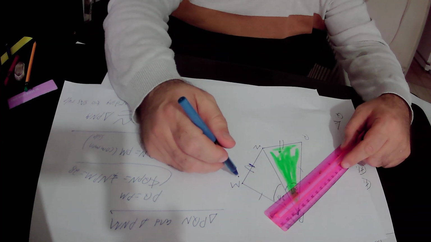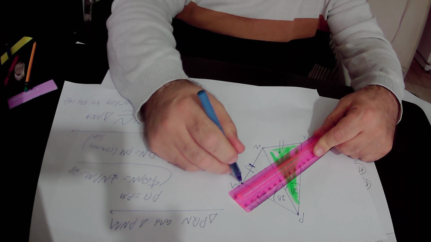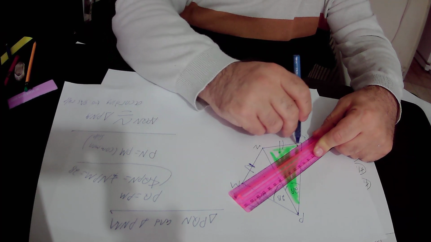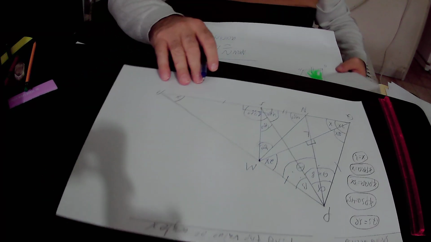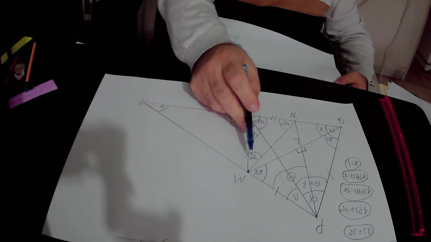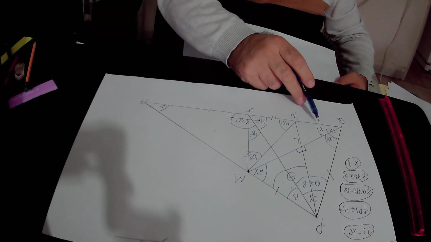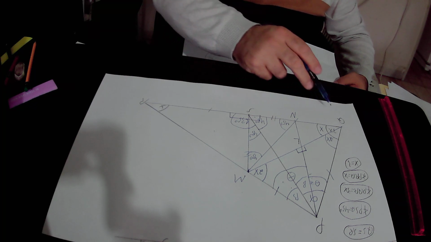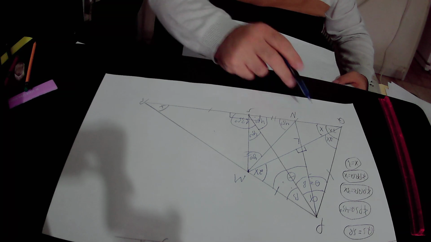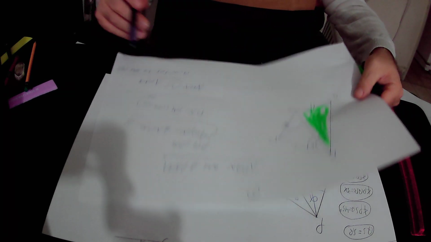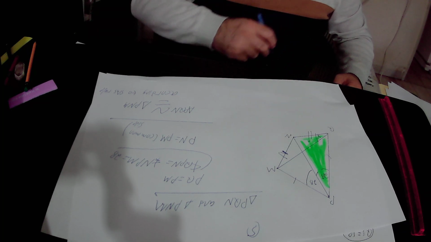If we join together points Q and M by a straight line, you can see here QM. This angle NQM equals x.